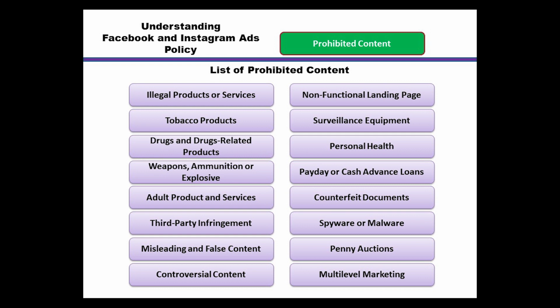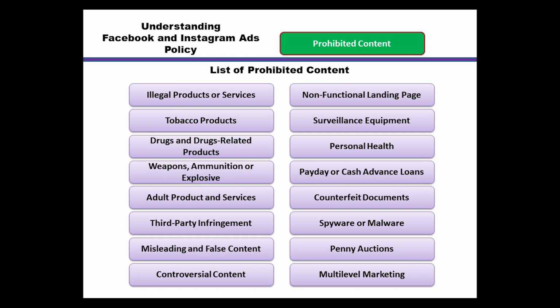And surveillance equipment. Surveillance equipment could be something like a spy cam or a software or a bot that you want to sell, right? So if you are trying to sell software that spies or turns on your camera and records your audio and all those things, and of course, Facebook and Instagram don't allow you to market any product like a security camera, right?